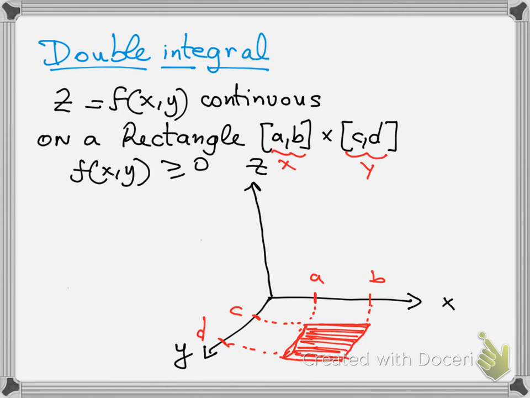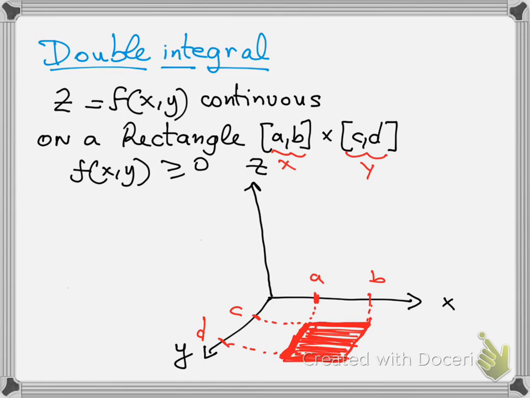So you see your x is between a and b, and along the y-axis, the y variable is between c and d. So when you say [a, b] cross [c, d], it means this interval cross this one here, so you get the whole rectangle, this one here.